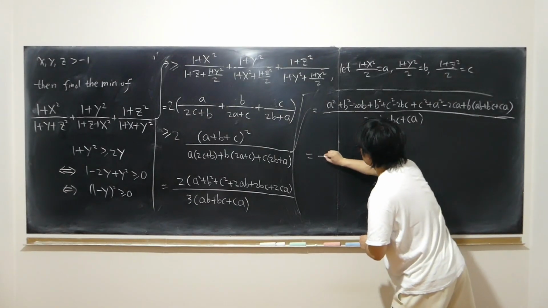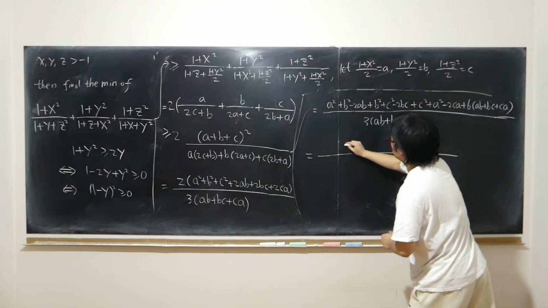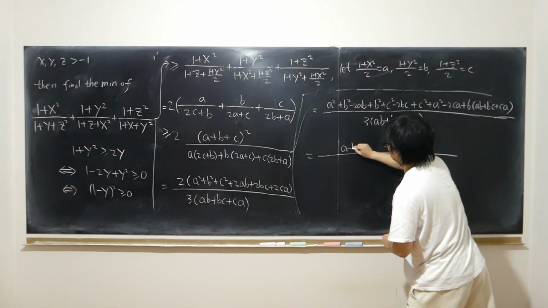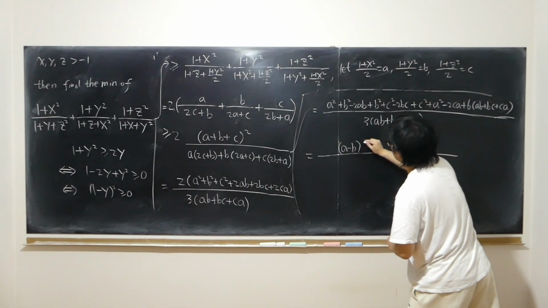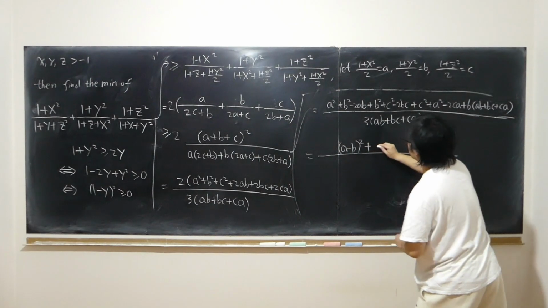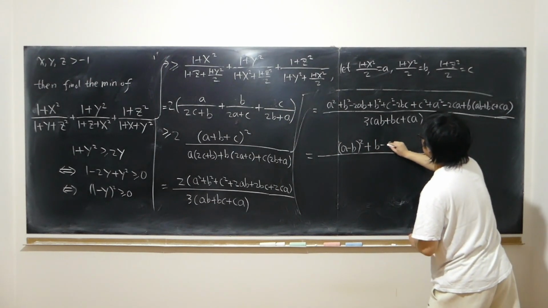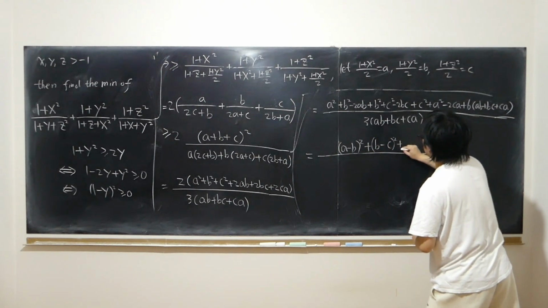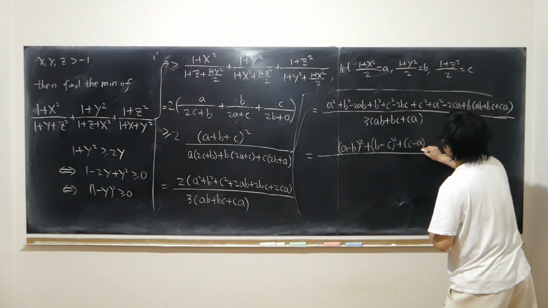So right now I simply have perfect squares: (a minus b) squared, (b minus c) squared, (c minus a) squared.